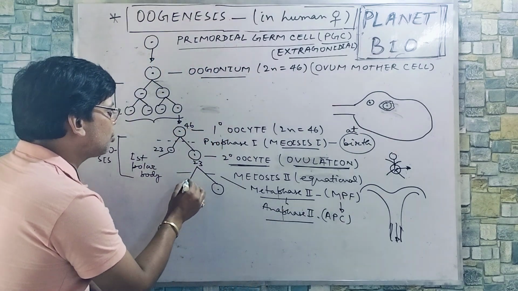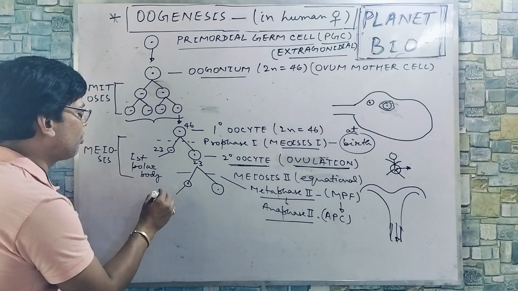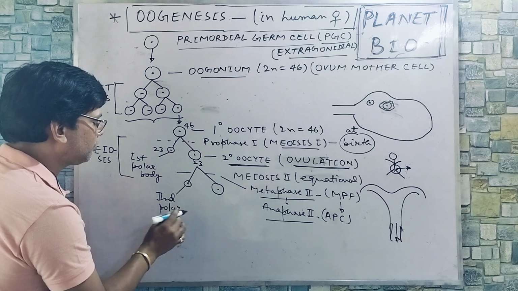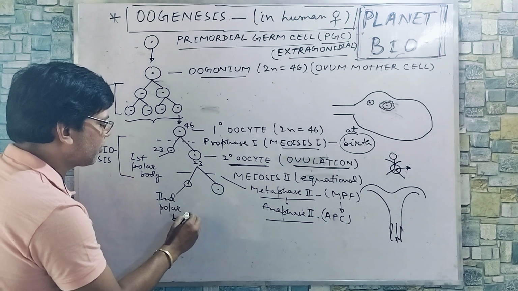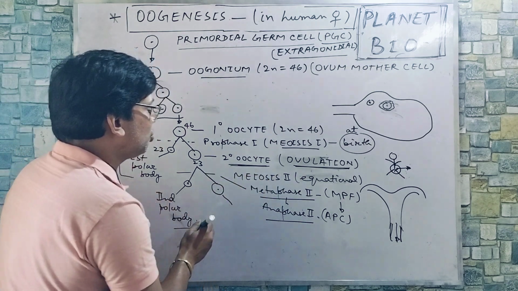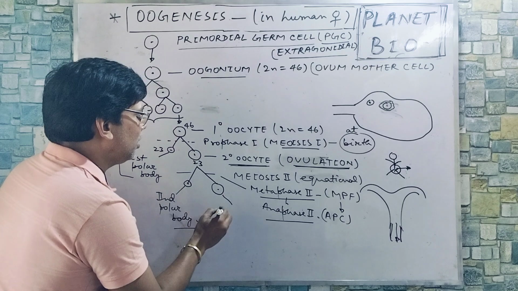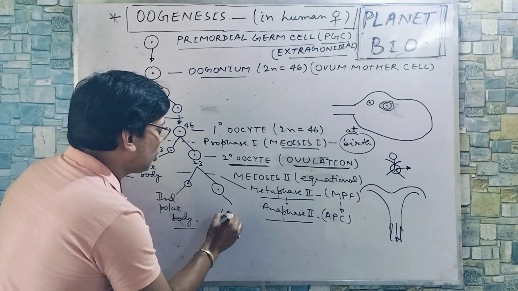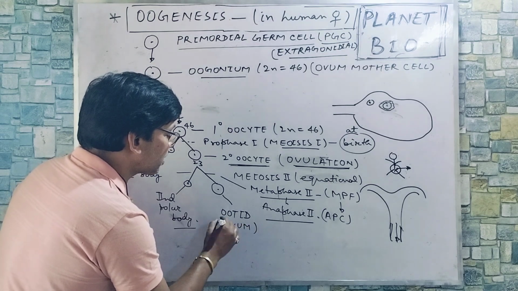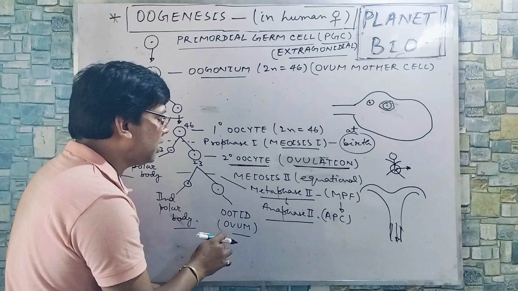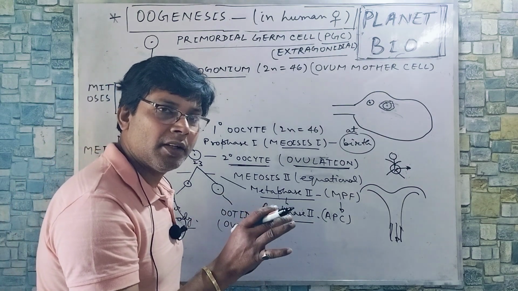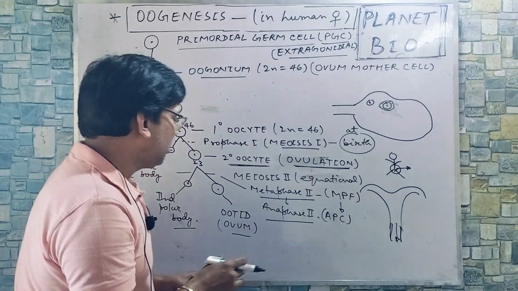As meiosis 2 is completed, the second polar body is formed. And now, after the completion of meiosis 2, this single structure is called ootid or ovum. So, a single functional haploid ovum has been formed, and now oogenesis comes to completion.